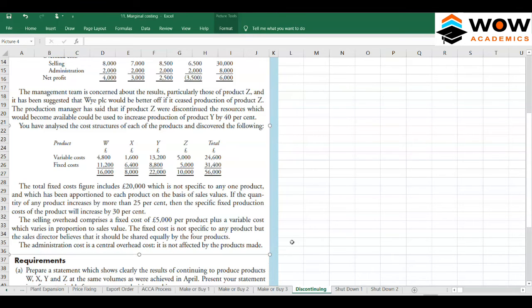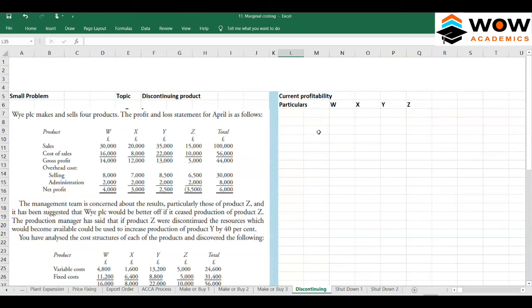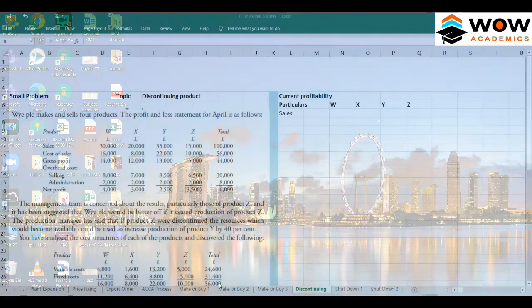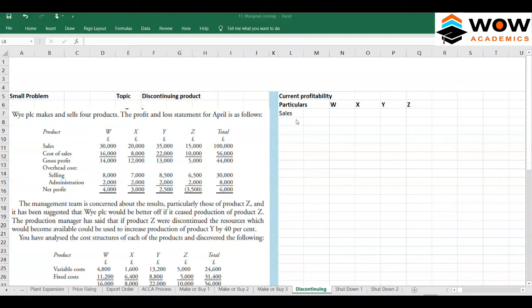Okay. So first, we'll create a format, and the format should be like this. The first one is sales, and thereafter it should be the cost of sales. So cost of sales, we can divide it into two parts.